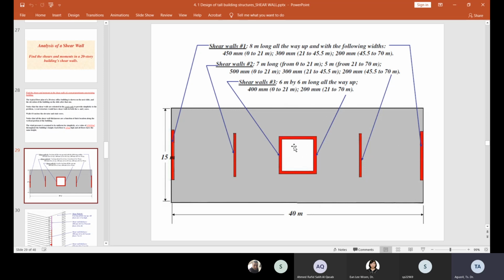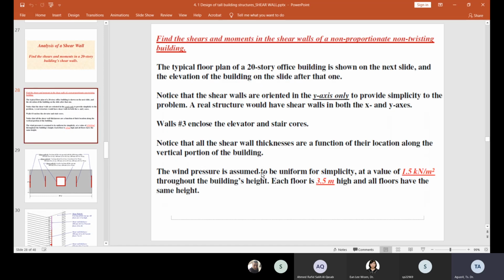In this example, we need to analyze the shear wall to resist a wind load of 1.5 kilonewton per square meter, applied uniformly over the building height. Each floor is 3.5 meter high, so the total height of the building is 70 meter.